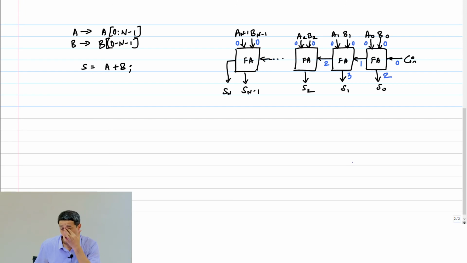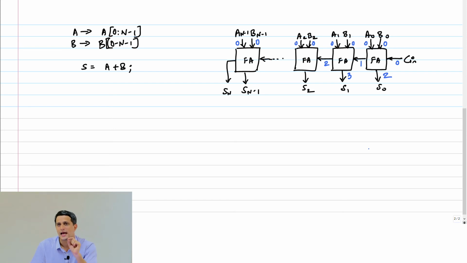Now you keep doing this, you will find that my carry is being propagated from one stage to another stage, which means that the kth stage cannot finish its evaluation until that carry in has come, right? Which has to come all the way from somewhere.